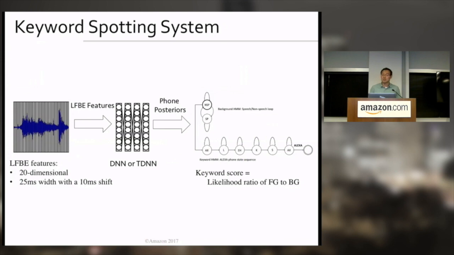With this, the system also provides the likelihood of the Alexa word within this audio segment. At the same time, the system also provides the likelihood from the background model on the same audio segment. As a result, we are able to compute this keyword score as the log likelihood ratio of the keyword HMM versus the background HMM. When this keyword confidence score is larger than the predefined threshold, the system triggers.